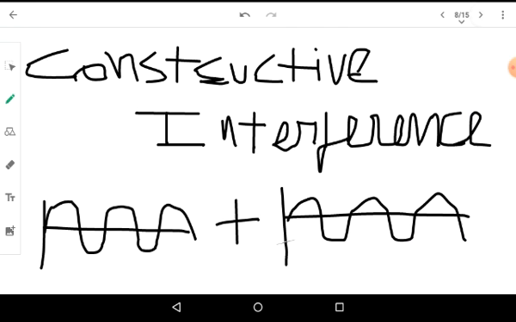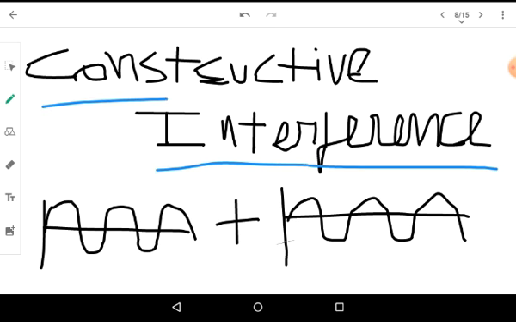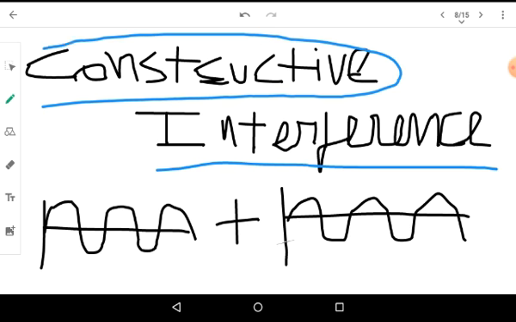It's nothing but when two waves interact, they form a third wave, and this is what we mean by interference. Constructive means that the waves are adding up.